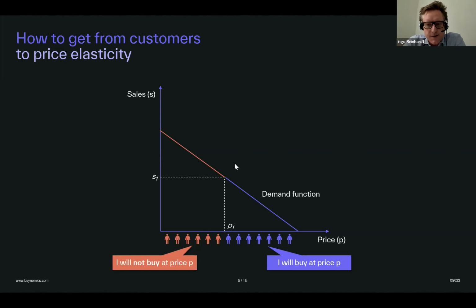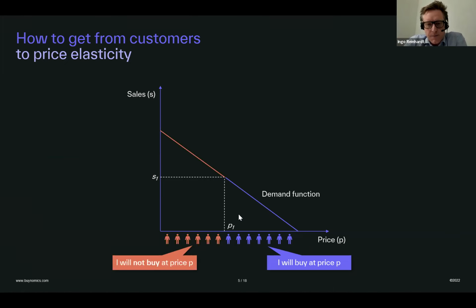When we take the example of a linear demand function, which is, I would think, in what I've seen the most common form, what this really means is that we have these people down here. In the case of a linear demand function, they're always standing at equal distance. And the position where they are is essentially the maximum price this person is willing to pay.